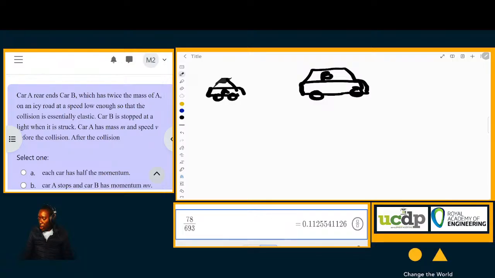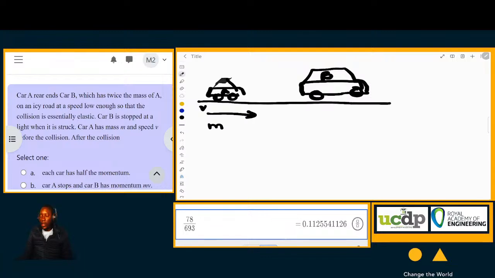Those are the two cars. Car A has mass m and is moving at a velocity v, I think, according to that question. And this is on an icy road.